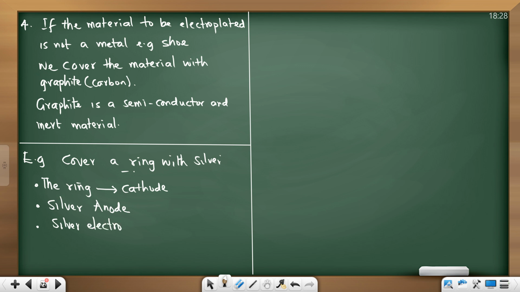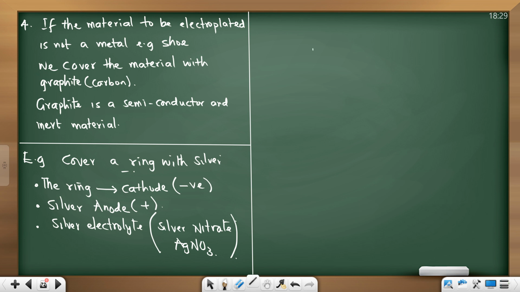And I told you the best electrolyte is to use silver nitrate, AgNO3. All nitrates are soluble. Remember, this is going to be my negative end, while this would be the positive. So my cell would look something like this.